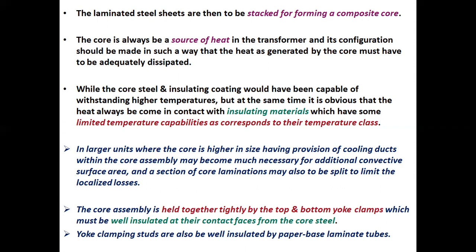The core assembly is held together tightly by the top and bottom yoke clamps, which must be well insulated at their contact faces from the core steel. Yoke clamping studs are also well insulated by paper-based laminate tubes.